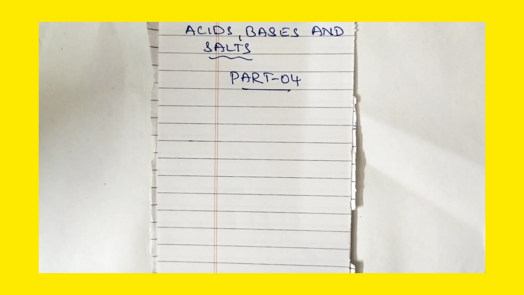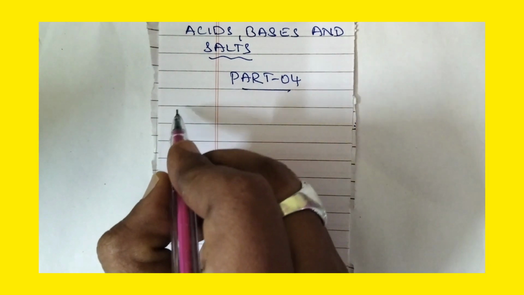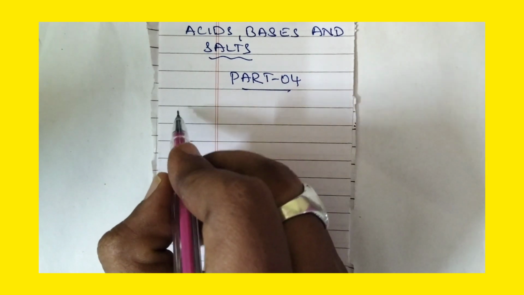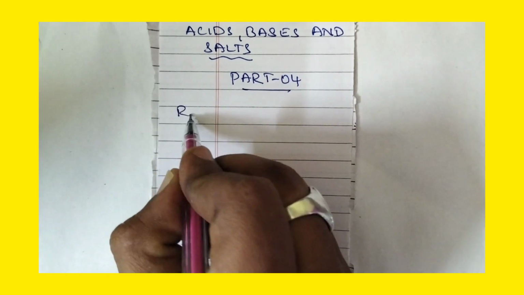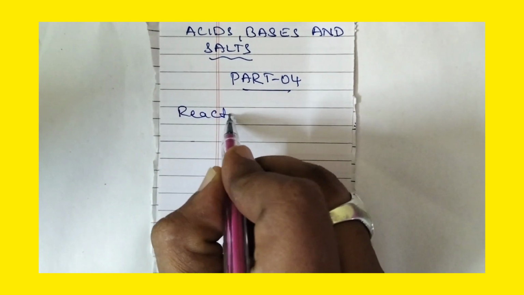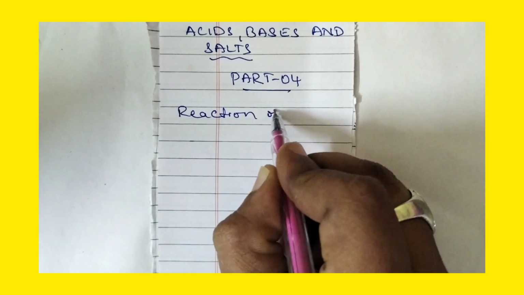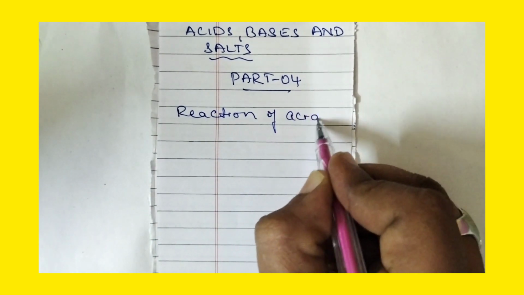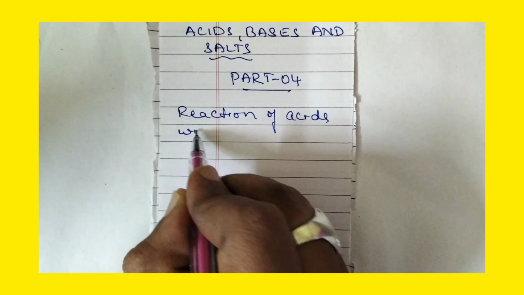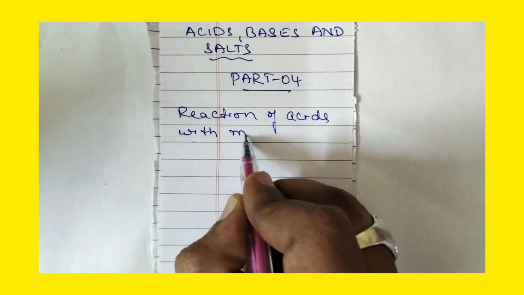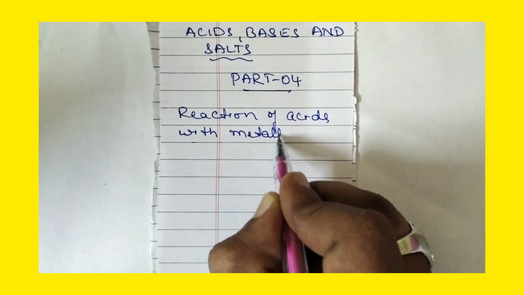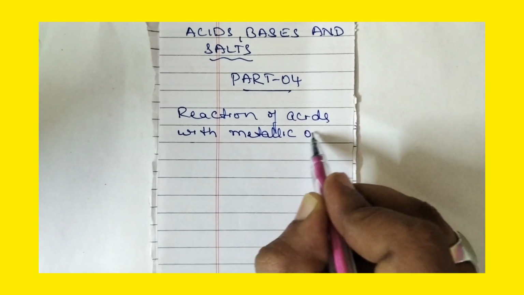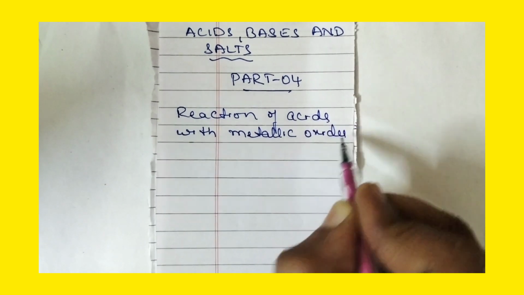So now let us continue the chapter Acids, Bases and Salts, that is part number 4. In this video we are going to study the reactions of acids with metallic oxides.